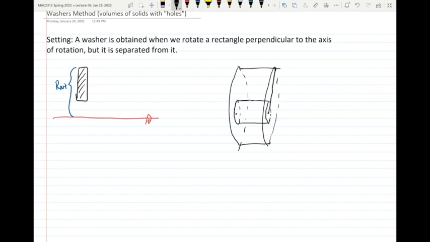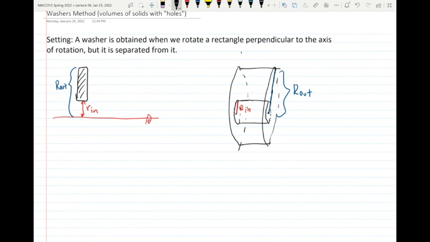The radius of the outside disc, all of this, that's R out. And then this little piece, the distance between the rectangle and the axis of rotation, I'm gonna call it little r in, because that's the radius of the inside disc. Do you see this? So that's this piece right here. That's what r in is.